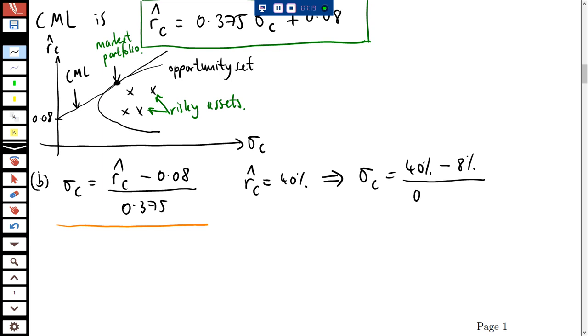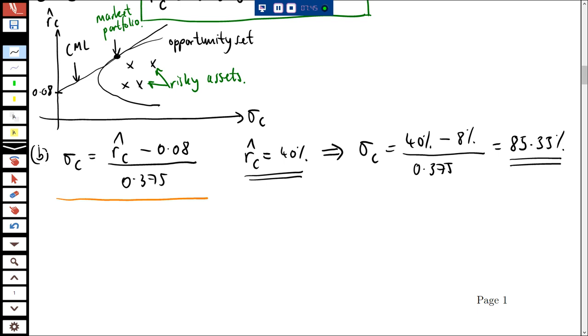And divide by Sharpe's ratio, we get very large standard deviation of about 85.33%. So a fair bit of risk associated with that, quite high expected return.